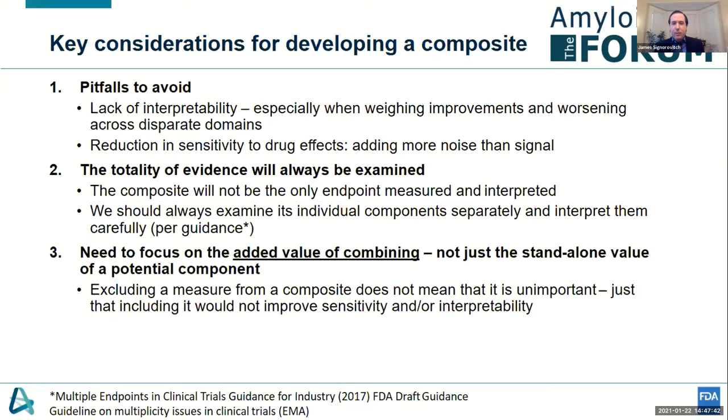And so the real question that we have when thinking about what to put into a composite is really, do we create value by combining these things into a single measure, right? Because we're always going to have the value of each one individually. And so it's often the case that there might be a measure that's super valuable on its own, but there's a reason not to include it in a composite because it's not going to create value by combining it. It could create confusion.